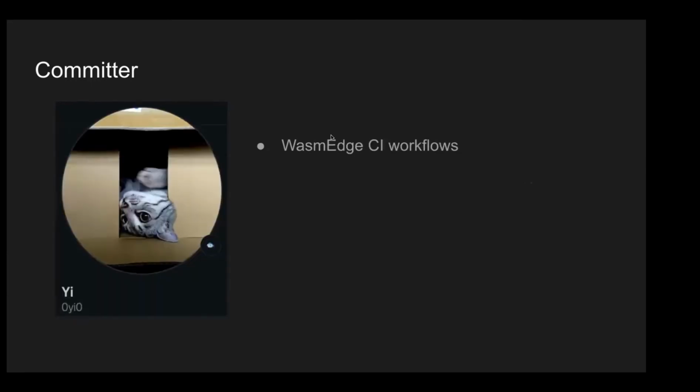And another member is E. E is responsible for the WasmEdge CI workflows, supporting various platforms and architectures. We need a complete CI for testing our WasmEdge code, right? E helps us to categorize the CI workflows.